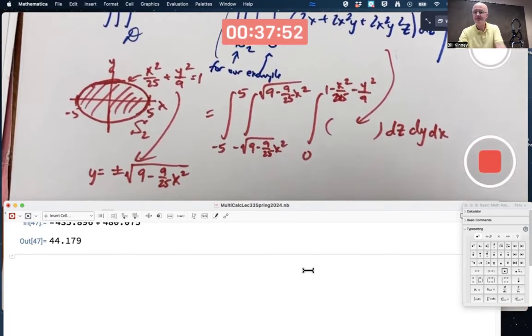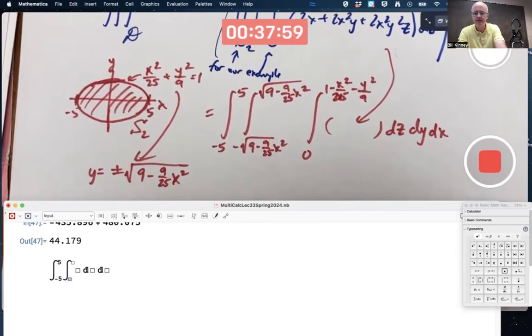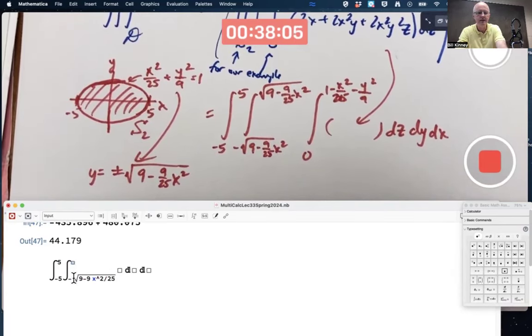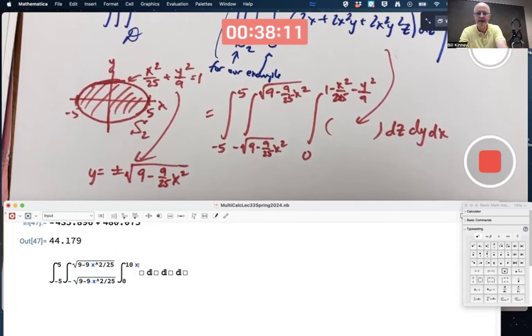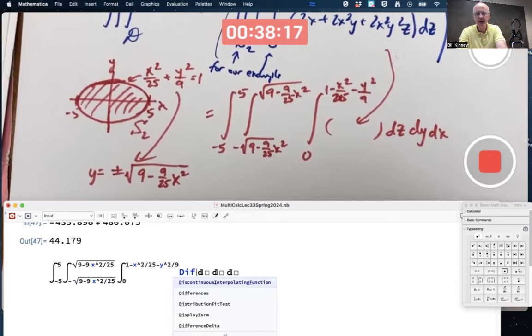So let's see if it happens. I hope so. -5 to 5. Negative square root of 9 minus 9x squared over 25 to positive, same square root. Inner integral is from 0 to 1 minus x squared over 25 minus y squared over 9. The function I already named div f.